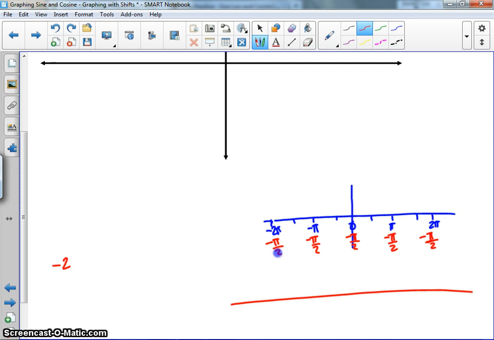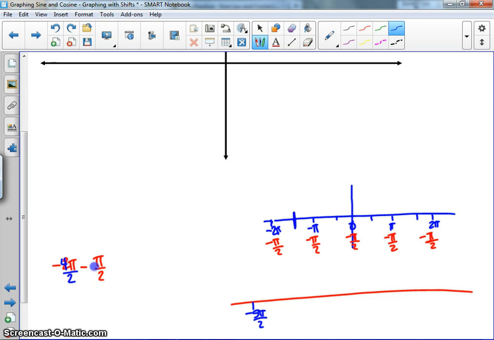Alright, and so when I go get my new points now, this negative 2 pi minus pi over 2 is just like what we did whenever we had to get a common denominator. So I'm going to get a common denominator. This would be a 2 in the bottom, and then if I put a 2 in the top, that would become a 4. So I've really got 4 pi over 2. And so when I subtract these, this is negative 4 minus 1, so this would be a negative 5 pi over 2.